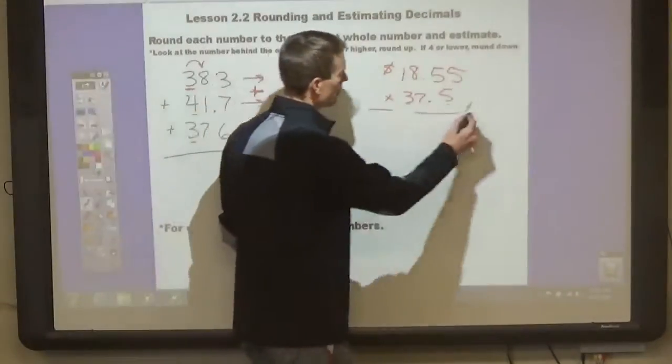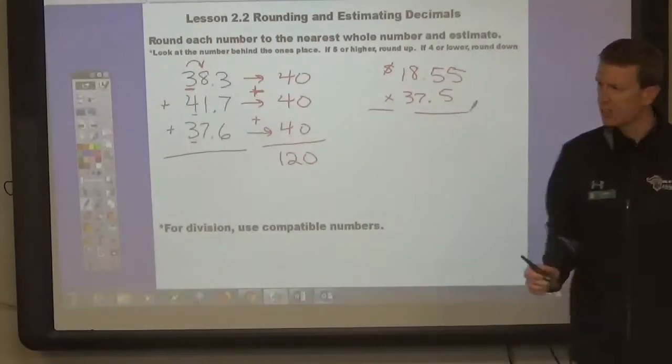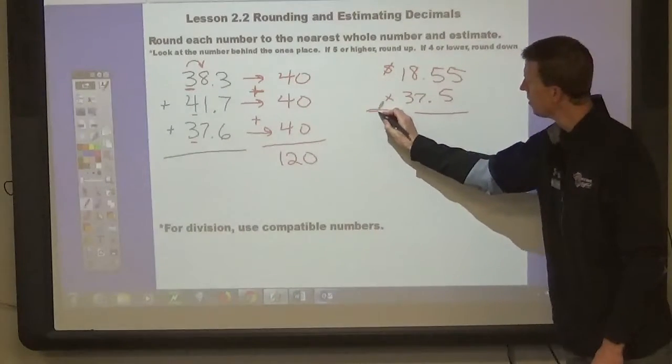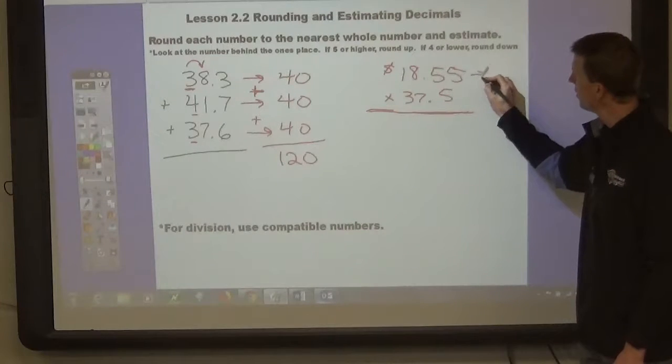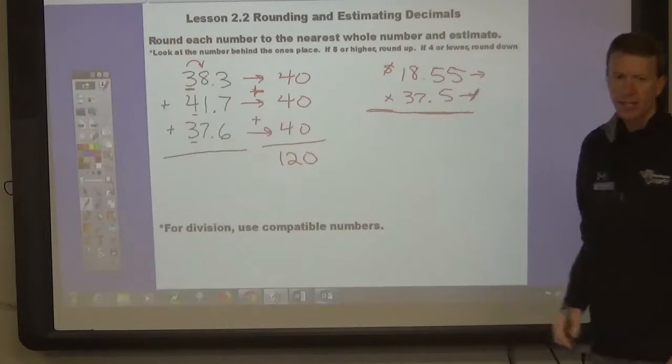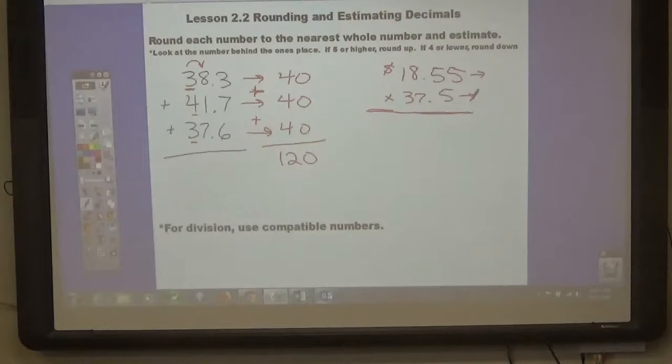Okay? So when we're estimating with multiplication, what you should do is round this so that you can work with easy numbers to multiply.